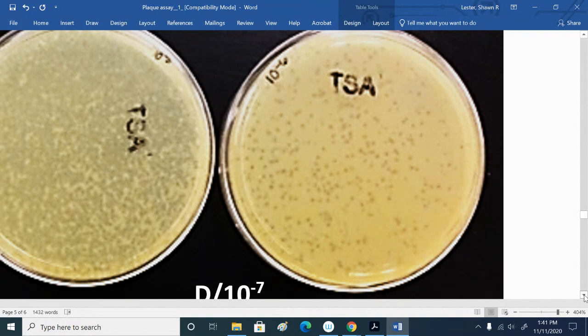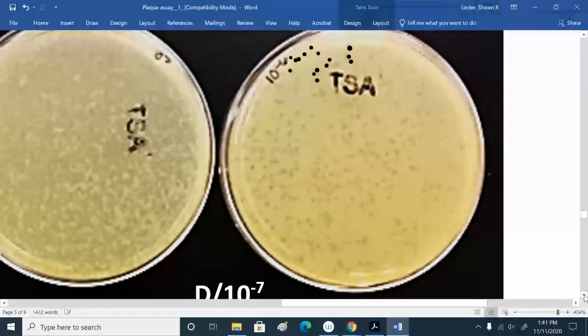Or you can count with me, right? So wherever you see a plaque, you make a mark. And actually we have colony counters, which we use to do this. And each time you tapped, it'd leave a mark on the plate like this and make a beeping sound and start counting.